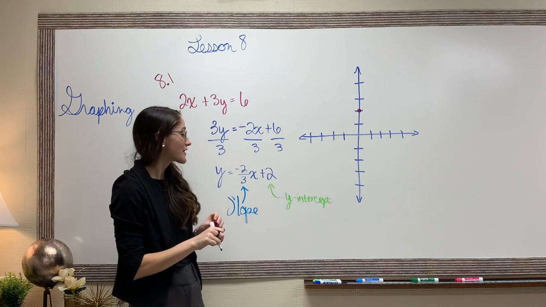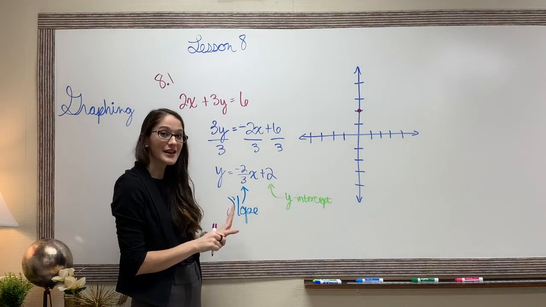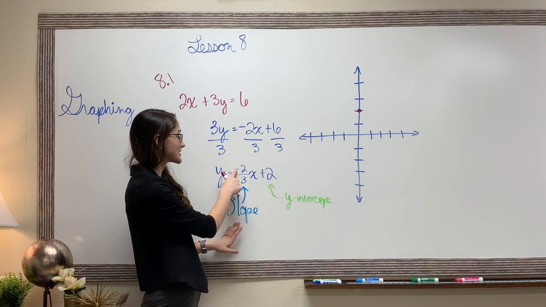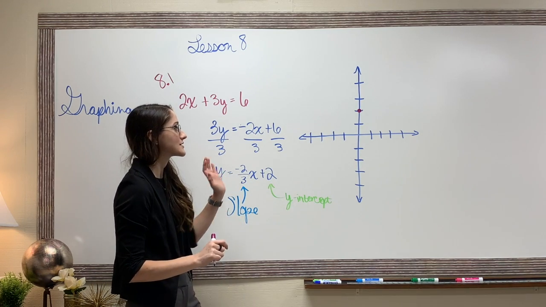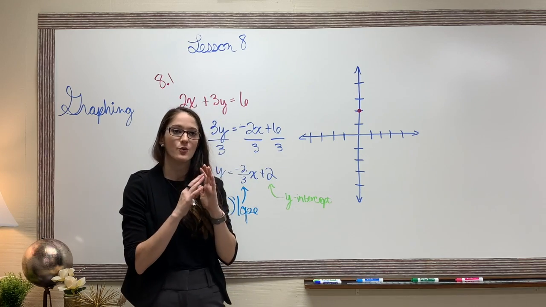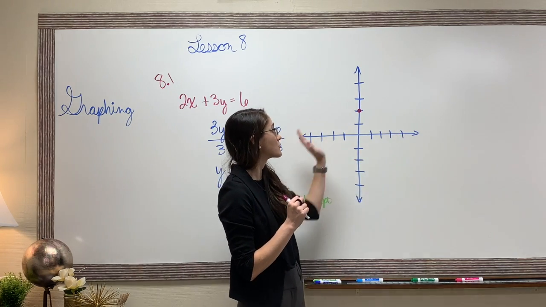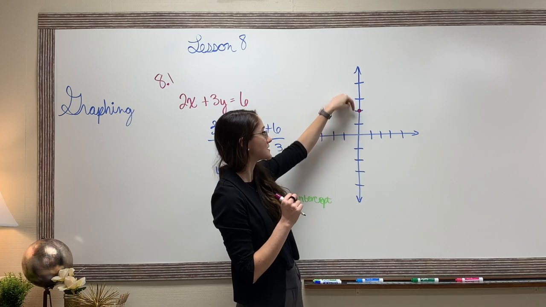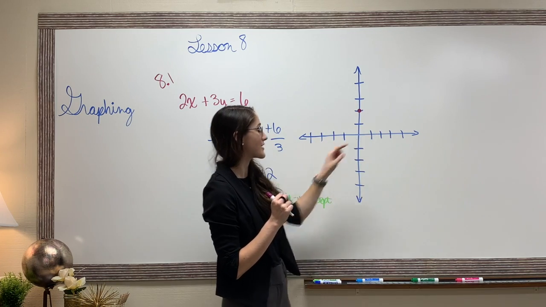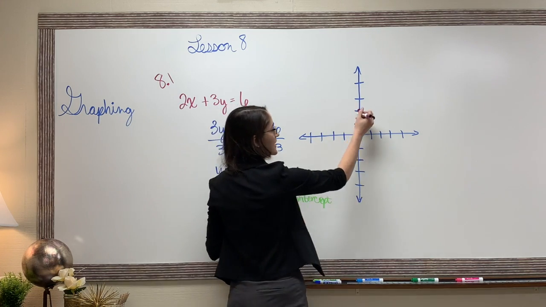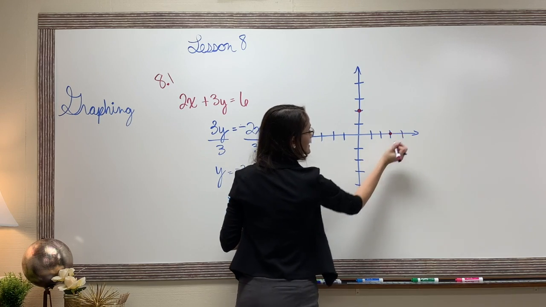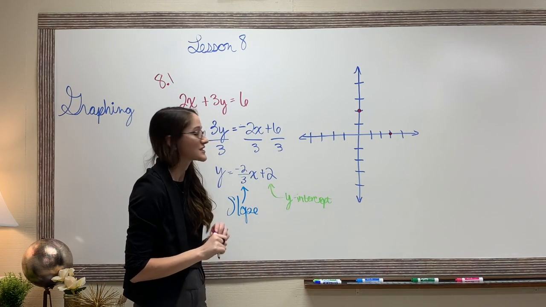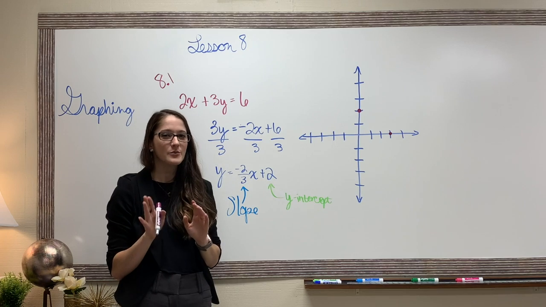Okay, after that, then I'm going to use step number 3 and work with my slope. My slope is negative 2 over 3. So the way I like to think about this is we read left to right. So going left to right, I'm going to go down 2 and over 3 because it is negative. So down 2 over 3, there is my second point. So let's talk a little bit more about slope.